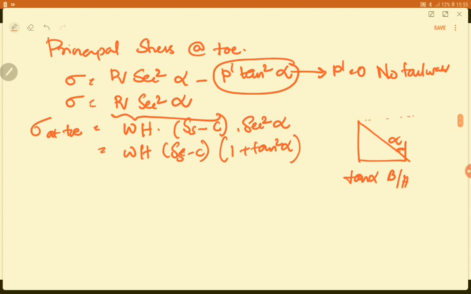So, we can write the equation as WH into SS minus C into 1 plus B square by H square. Now, what is this B?